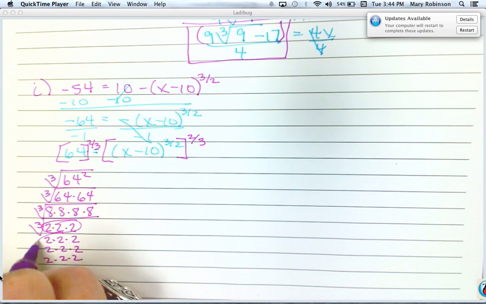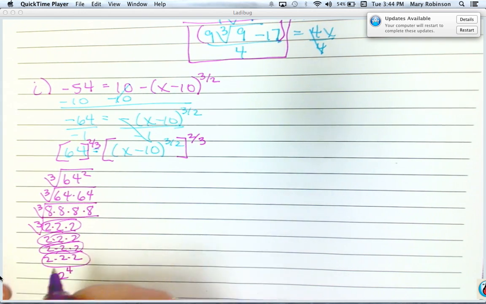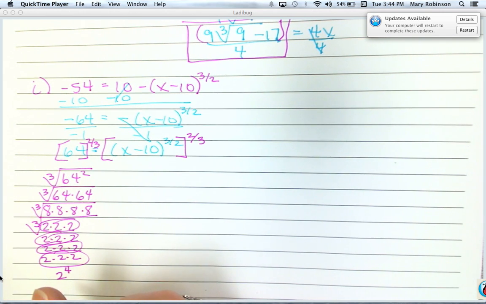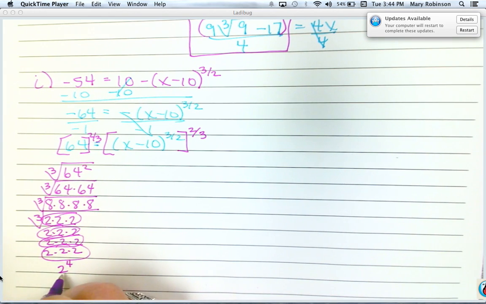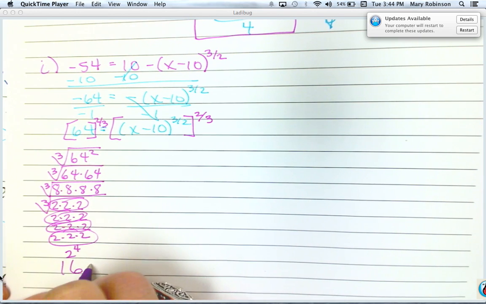So you're going to have 4 groups of 2, so 2 to the 4th power on this side. And 2 to the 4th power is 16. So 2 times 2 is 4, times 2 is 8, times 2 is 16.